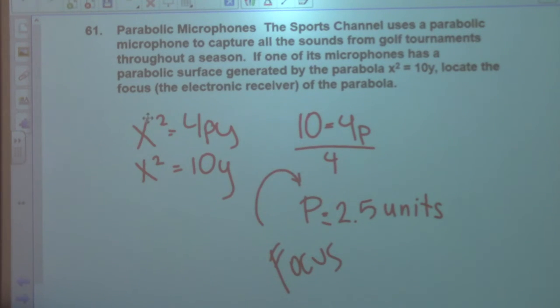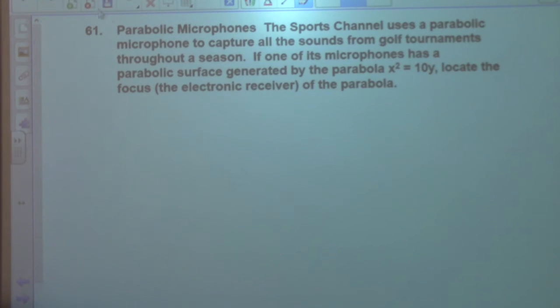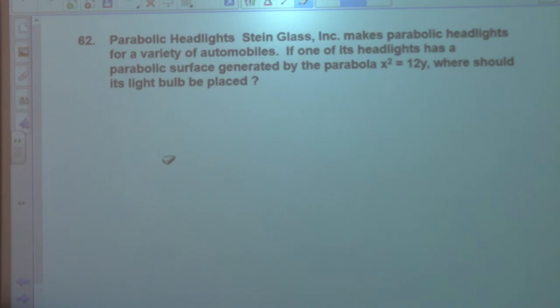Okay, problem 62. What kind of fruit? Let's see.